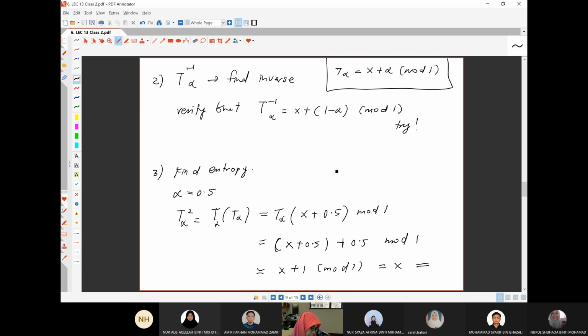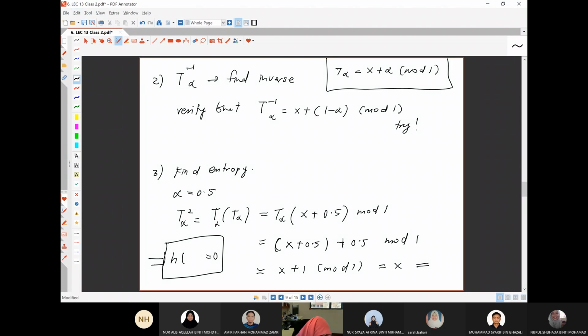So to find the entropy of a periodic function, you can just use the theorem or lemma from earlier, and say that h of T is 0. H of T or h of T square?